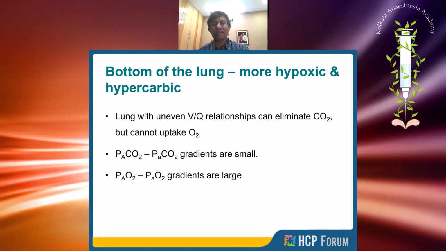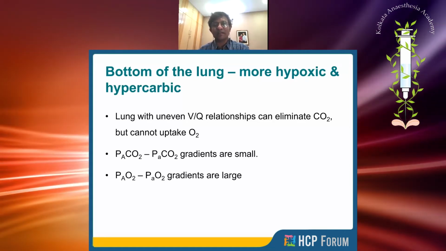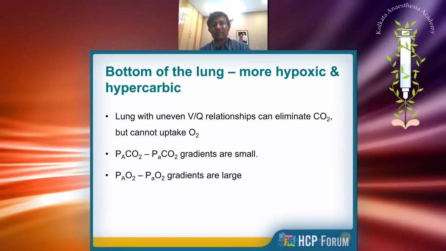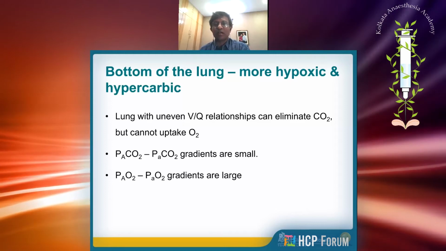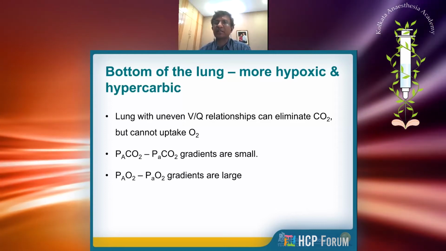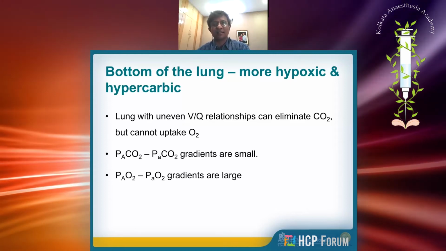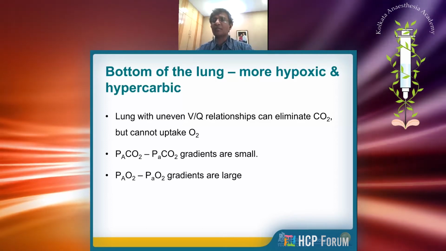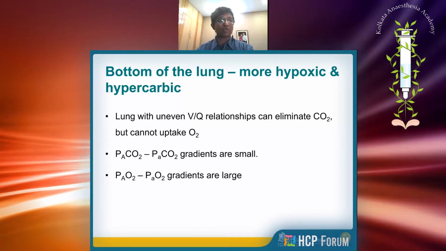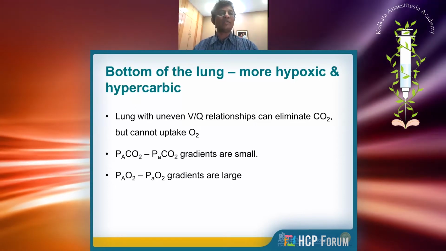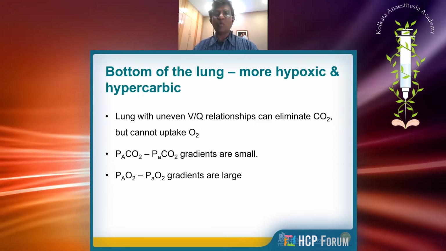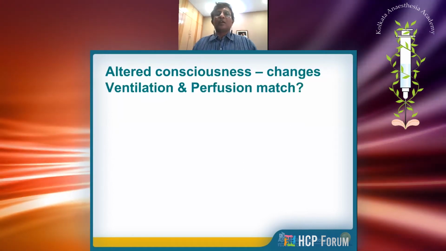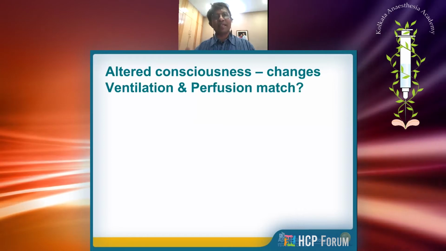So the alveoli might be rich with oxygen, but the arterial oxygen tensions are lower, and therefore this gradient between the alveolar to the arterial oxygen pressures is large. So this is why it happens. You will figure out that this also has relevance when we look at what is happening in one lung anesthesia. Now, this is what will happen anyway.